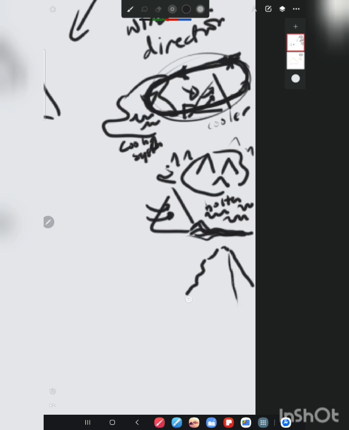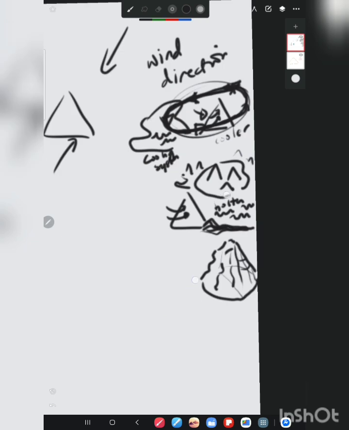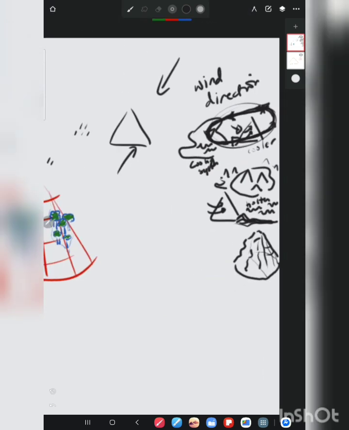Let's say we split that. This is still going to be relatively smooth, this quarter right here. Right on the other side. Okay. So that is if we have a nearby water source.